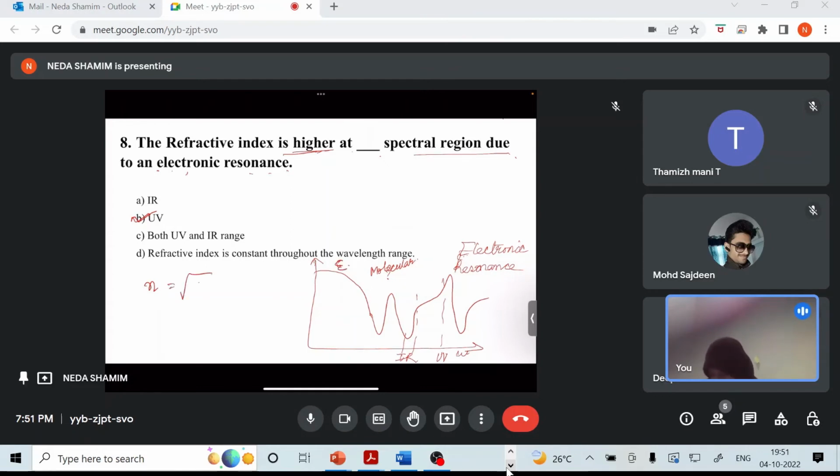Refractive index is equal to root over epsilon r. So it will be following the same trend. Just check and let me know. Any confusion that you have, please let me know.